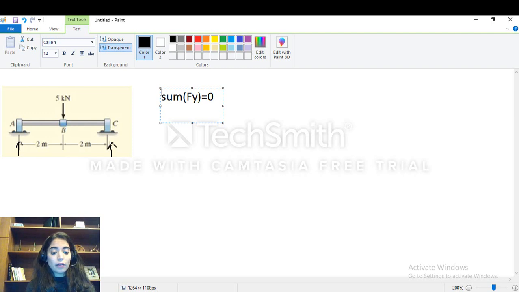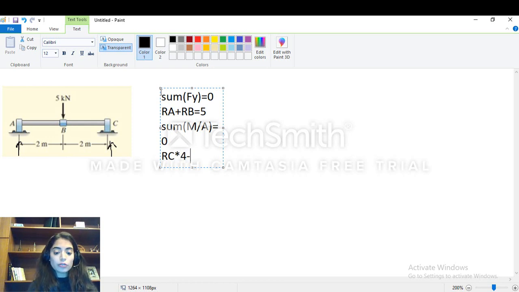This will give me that RA plus RC is equal to 5 kilonewton, because the 5 kilonewton is downward. And I know from the sum of moments around A, or you can of course take it around C, is equal to 0, that basically RC times 4 minus 5 times 2 is equal to 0.